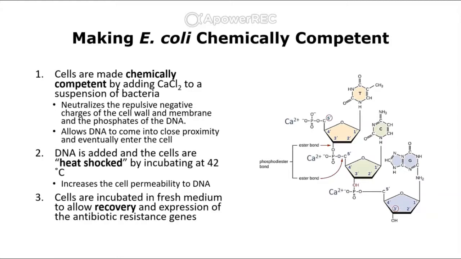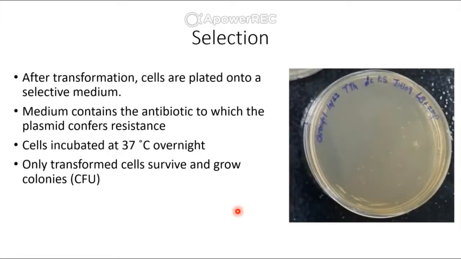All right, so now we have our selection step. So after transformation and we've done our recovery step, the cells are plated onto a selective medium. The medium often contains an antibiotic to which the plasmid confers resistance.